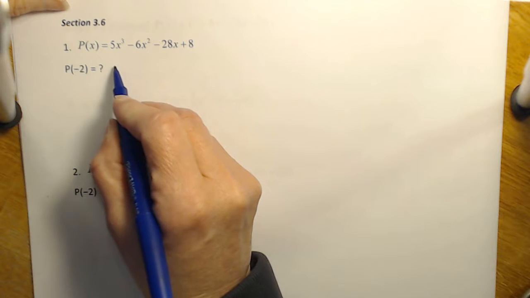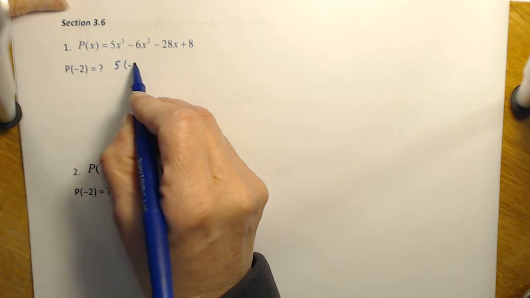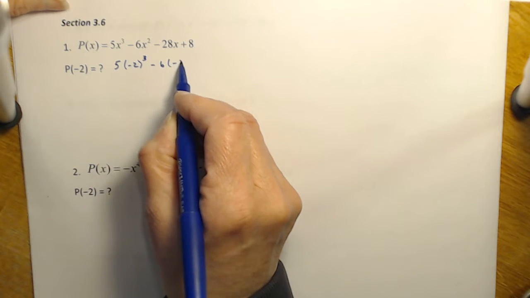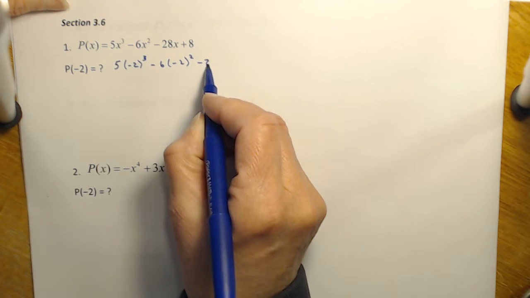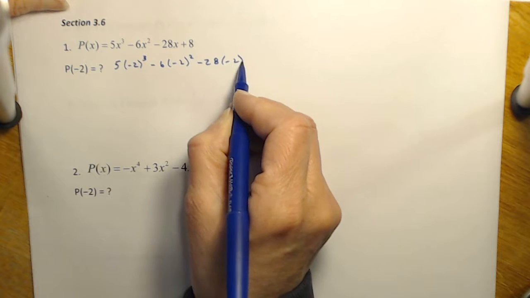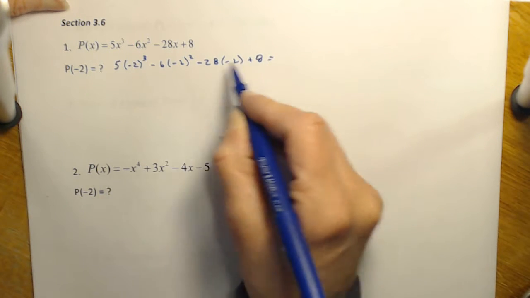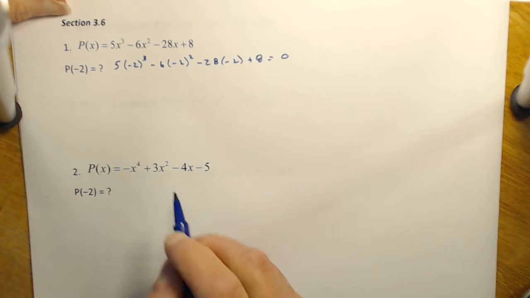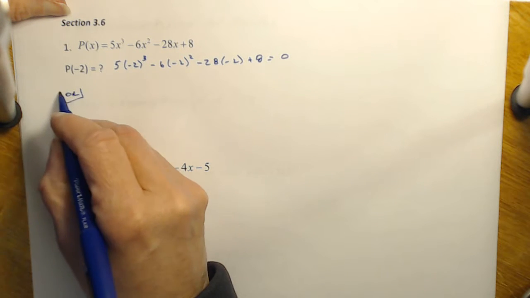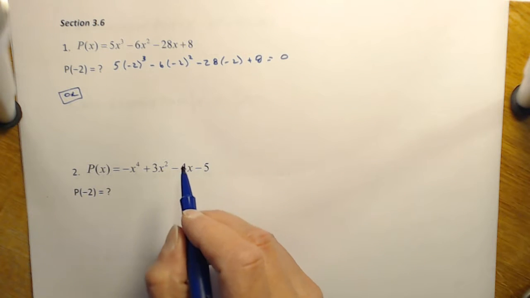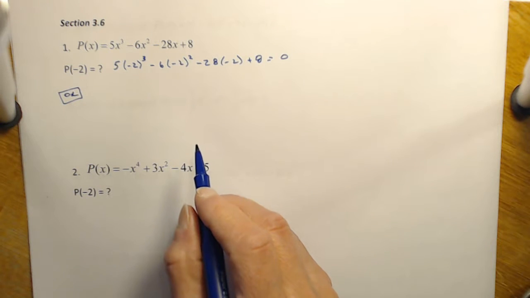Well, clearly one way we could do it is to substitute in the -2 as our input. Just get that all calculated, and I think we do that, we wind up with 0. There's another method though, one that will help us as we move forward, and that's synthetic division, remember.